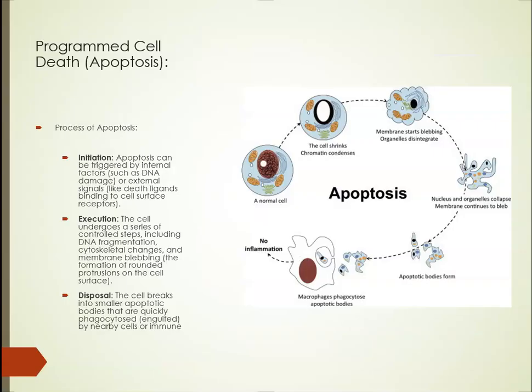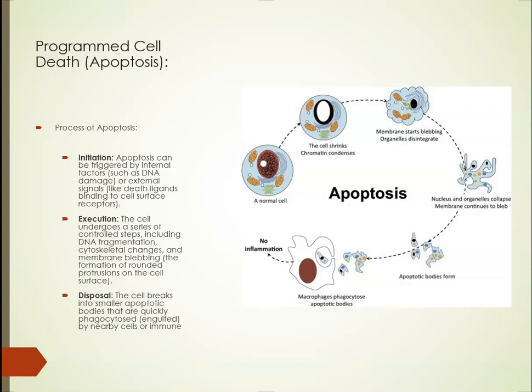So, what is apoptosis? This is defined as programmed cell death. Apoptosis is a controlled and regulated form of cell death that plays a crucial role in various physiological processes such as development, tissue homeostasis, and immune response.